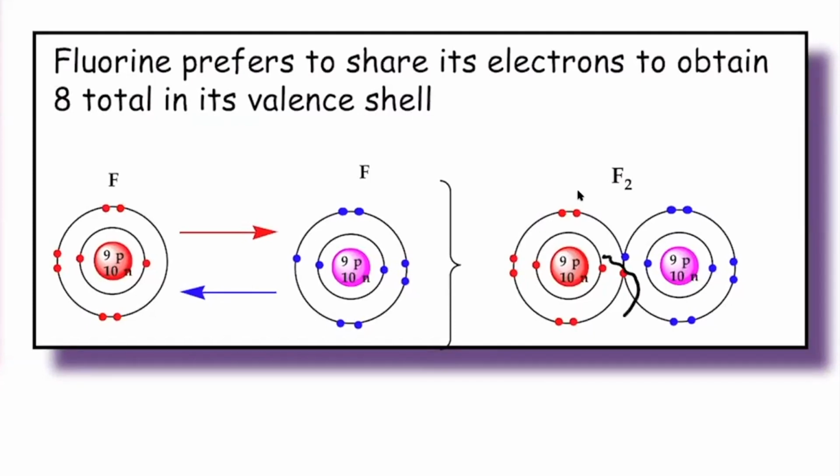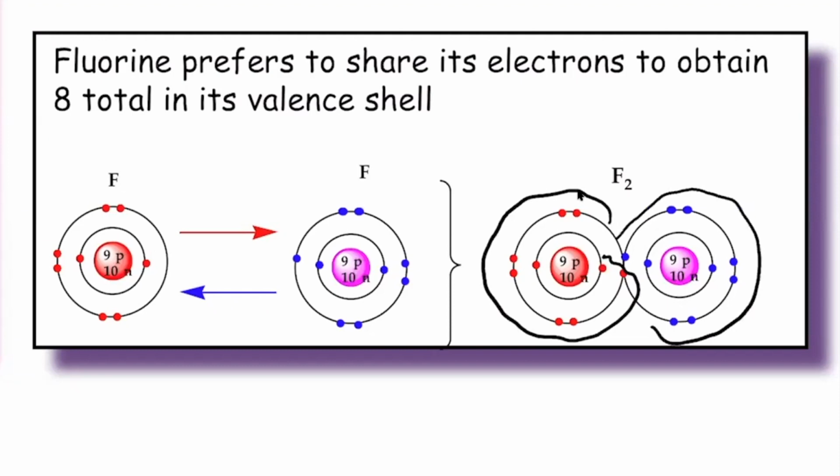These are the 7 electrons from one fluorine. These are the 7 electrons from the other fluorine. But when they form a compound, the electrons that are shared now count for both sides. This fluorine now will have, in this particular case, 8 electrons in its outermost shell because it's borrowing from a neighbor.